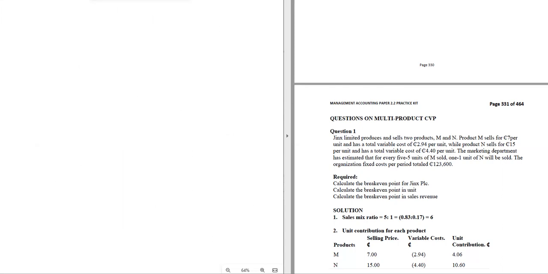When it comes to product N, we've already done the multiplication. What we need to do is just divide. So for product N, we take the sales of 33,333 and divide by the selling price of 15.